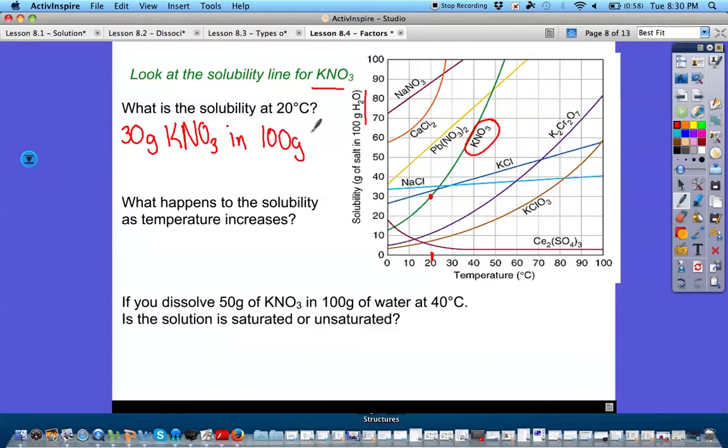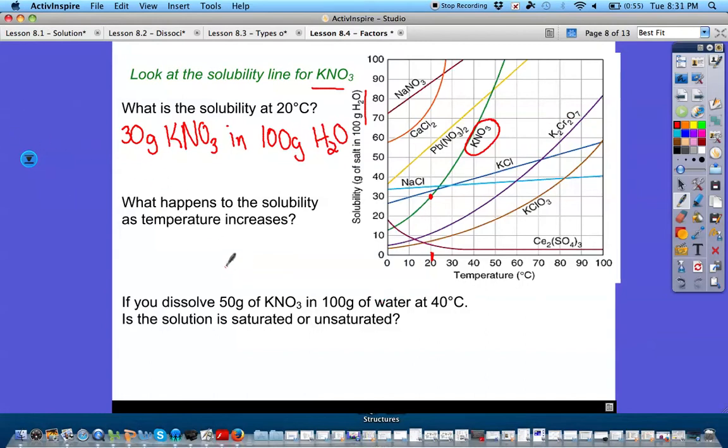The amount of solvent is very important, because if I decrease from 100 grams to 50 grams of water, I'm not going to be able to have 30 grams of potassium nitrate dissolved at 20 degrees Celsius. If I increase this to 200 grams, I'm going to be able to dissolve more.